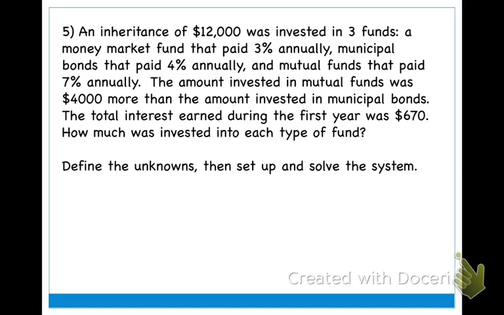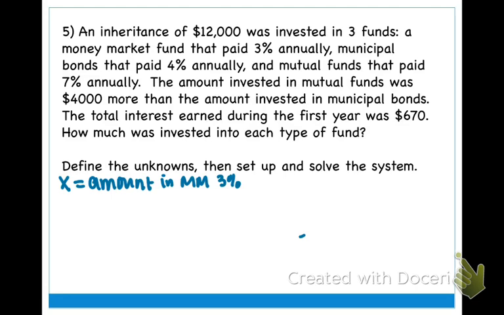So I'm going to start by writing what my variables represent. And I have 3 funds, so I'm going to have 3 variables, one for each fund. So I can say x is equal to the amount in the money market, which is the 3%.